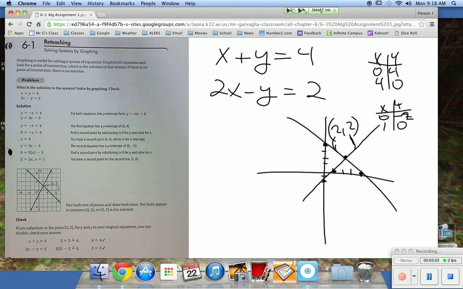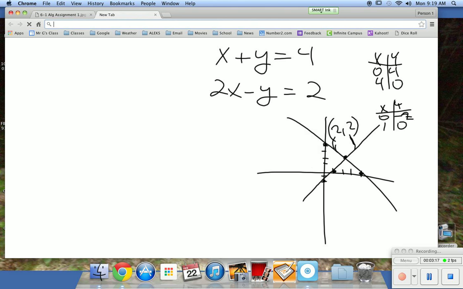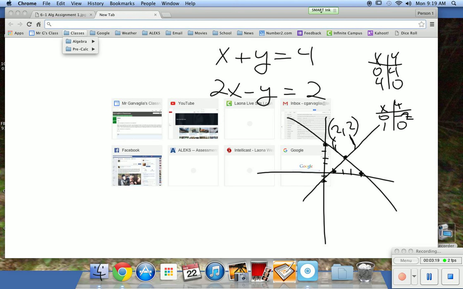I'm going to show you a graph that you're going to be allowed to use. I still want you to do the T-charts, all right? So 2, 2 would be your solution.